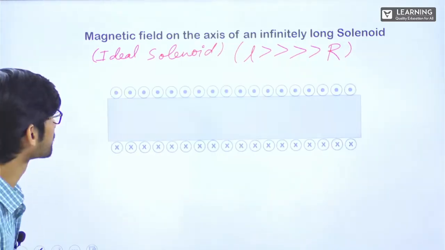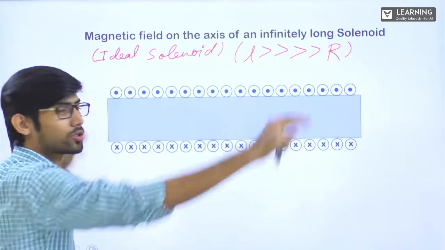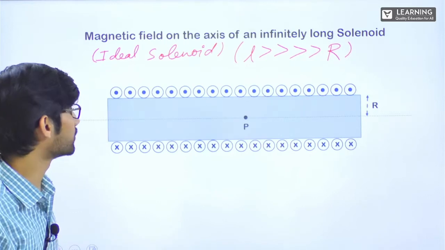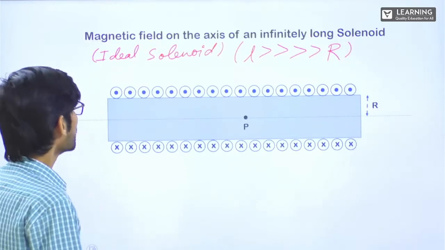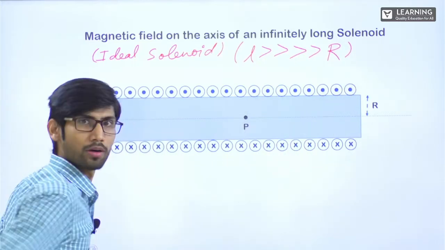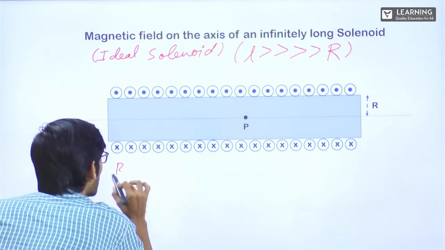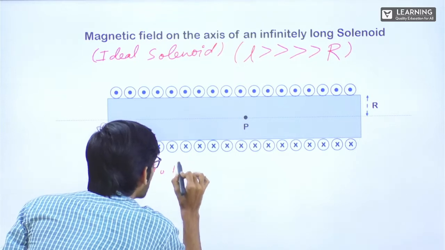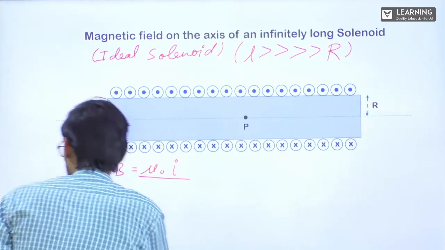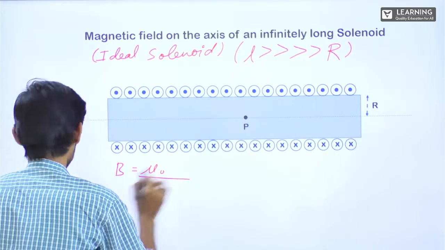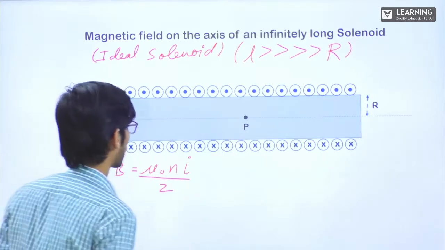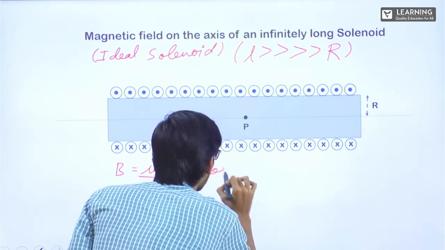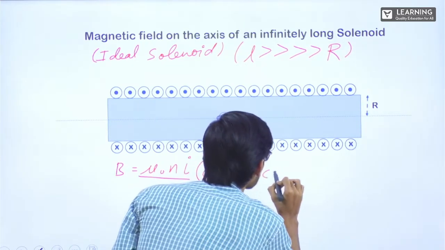All right. So let's say it is a long solenoid. Radius is R. At some point P, I have to find the magnetic field. Since it's a long solenoid, the formula we know, B is equal to mu naught Ni by 2 (cos theta 1 minus cos theta 2).